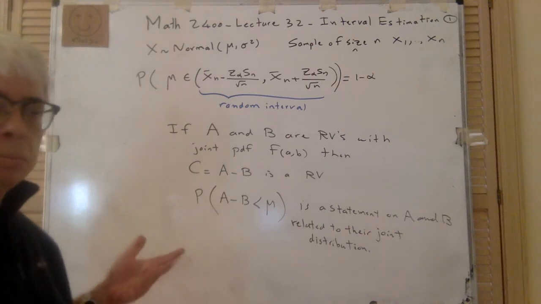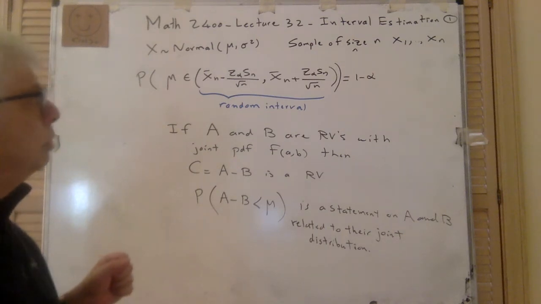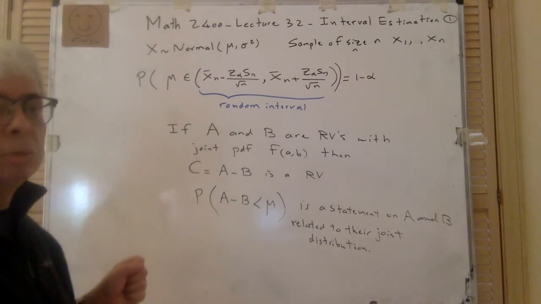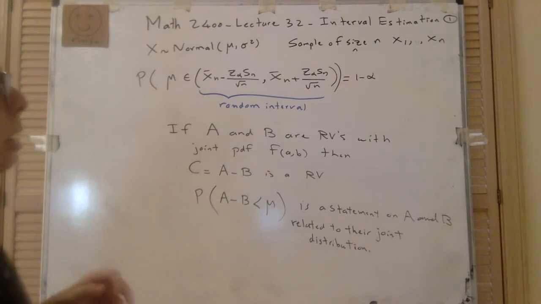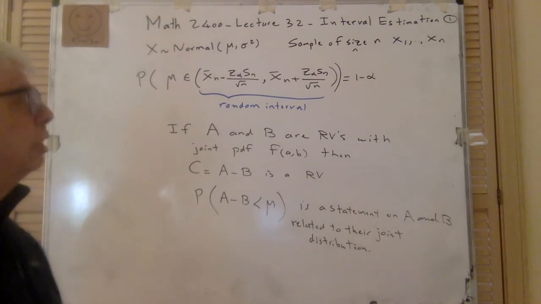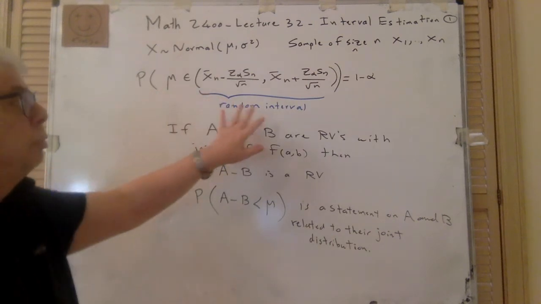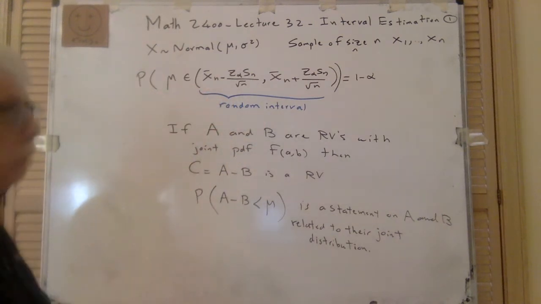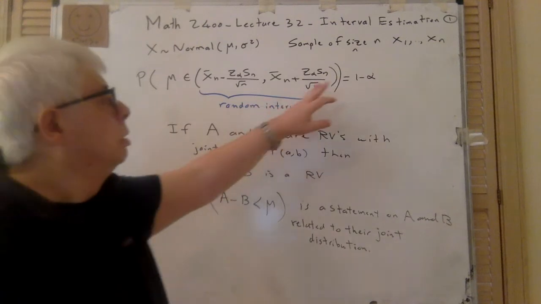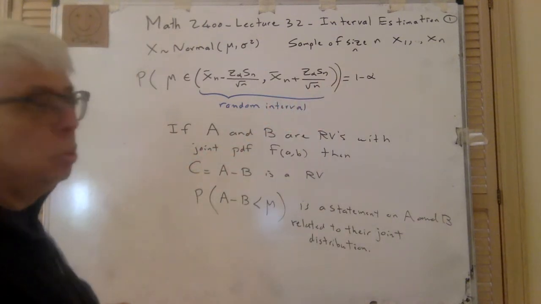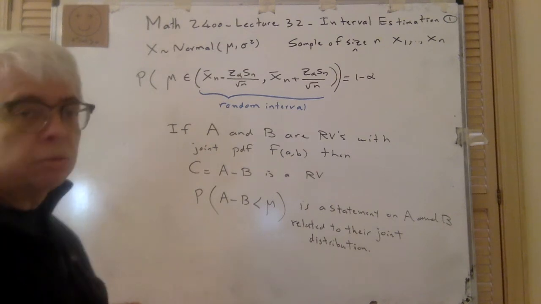It changes. If the team does it again, they might find another one, and again and again, you can find more and more. For any one of them, you can say that the probability that mu lies in this interval is 1 minus alpha.